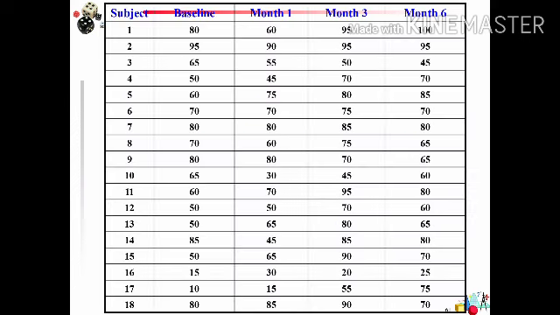Here we take 80 subjects, and the baseline health score, 1 month health score, 3 month health score and 6 month health score are given. So each subject has 4 different values, measured in 4 different time periods.